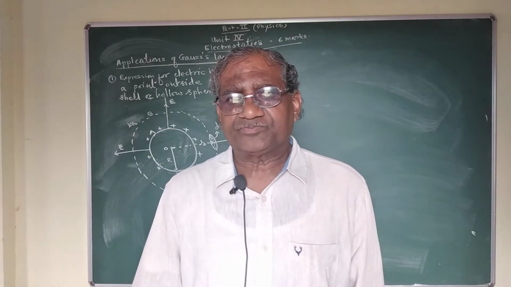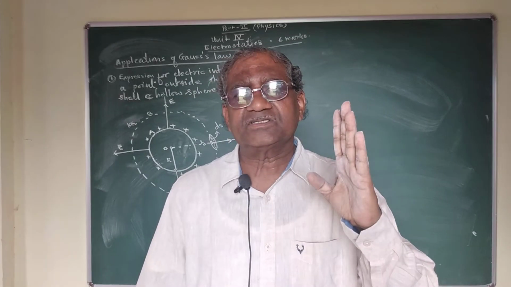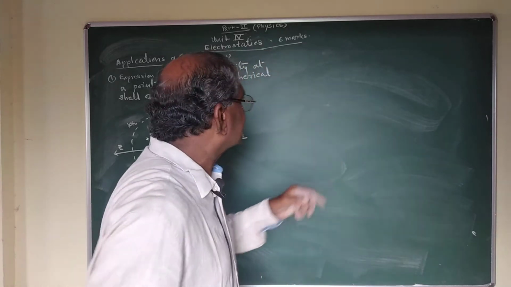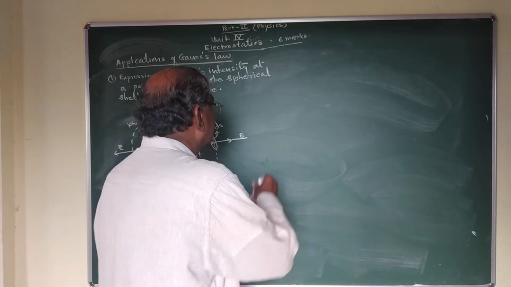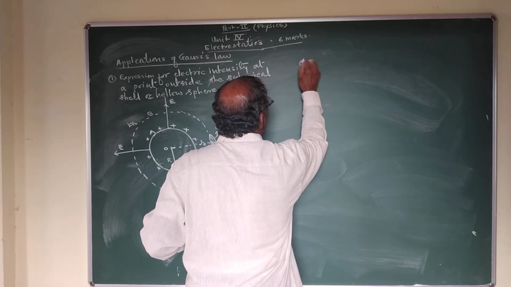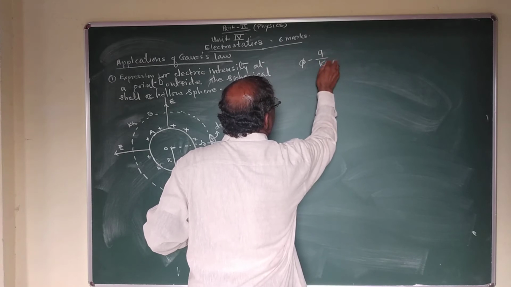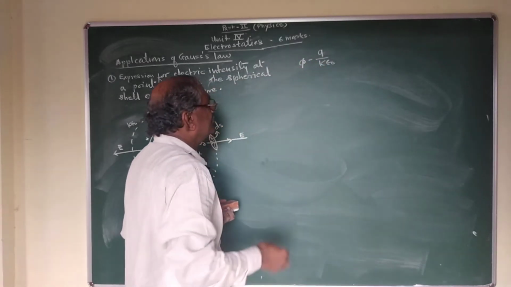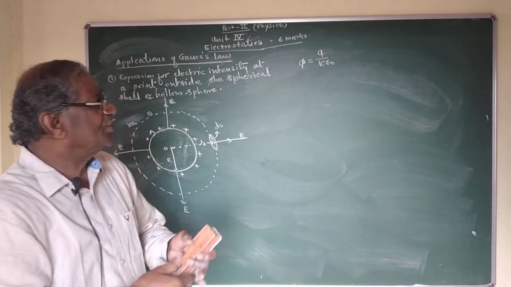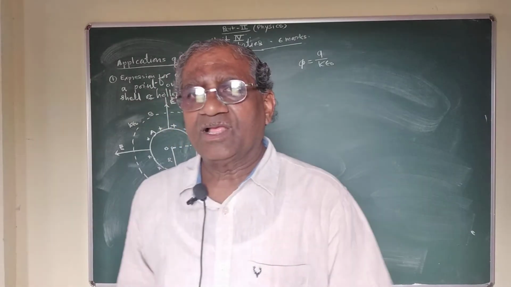Third point, by using Gauss law, we know that electric flux phi is equal to q upon k epsilon 0. This is Gauss law.